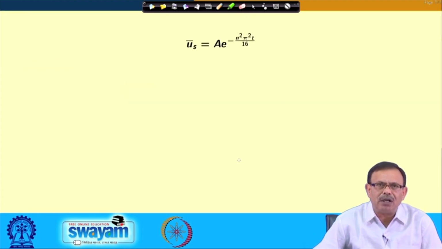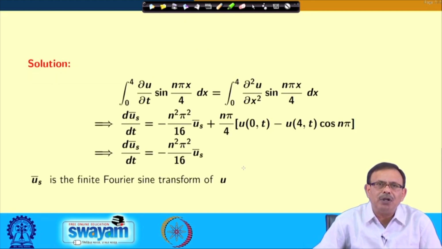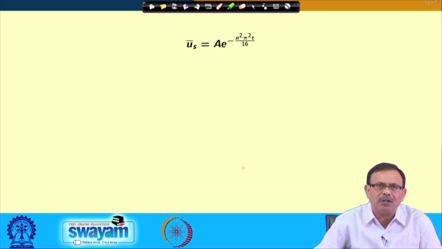Once I get this, I can obtain ū_s equals some constant A into e to the power -n²π²t/16. This is the solution of the ODE which I obtained here, that is dū_s/dt equals -n²π²/16 into ū_s.